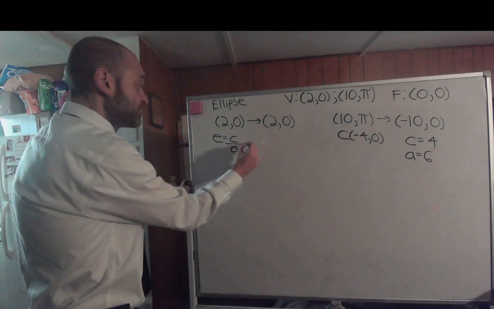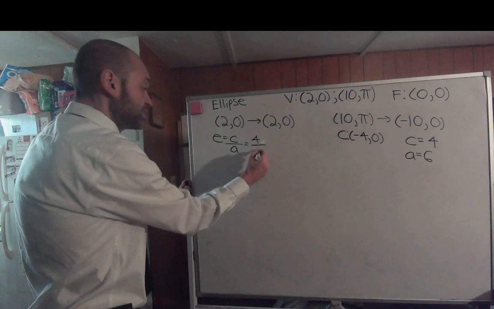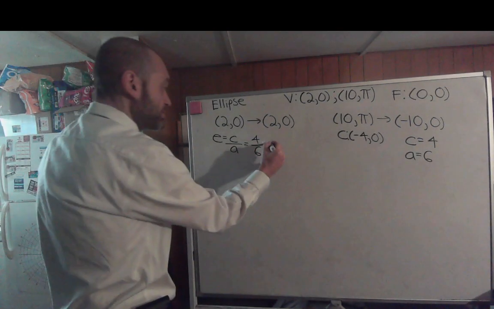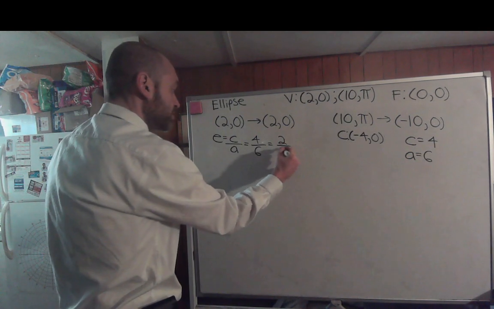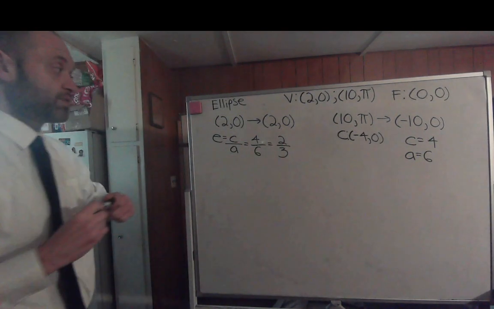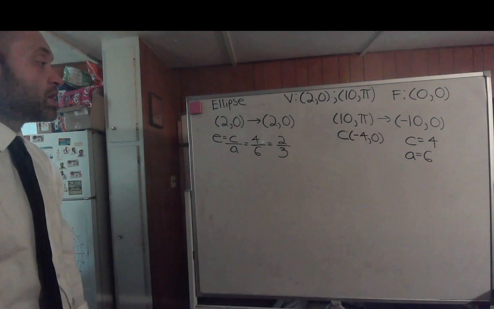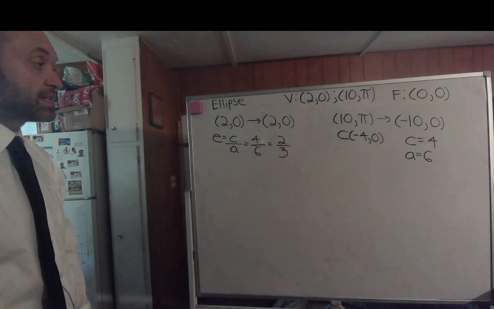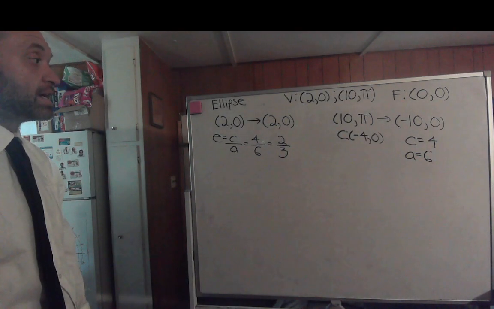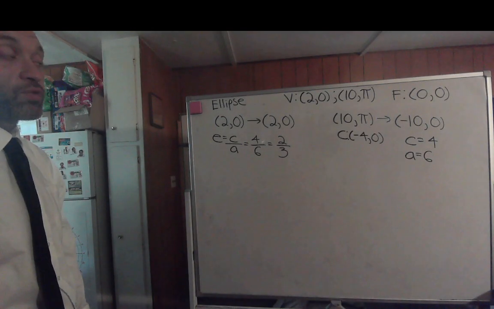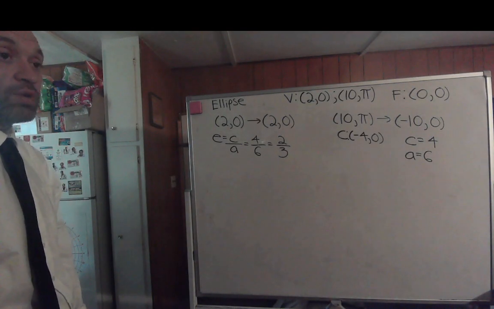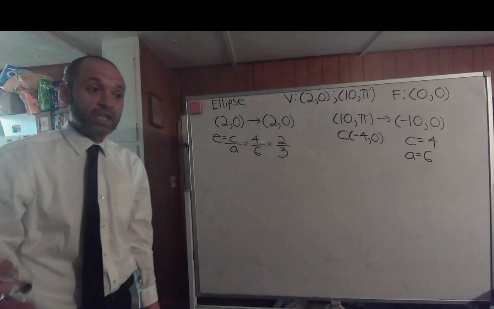Well, c is 4, a is 6, which we simplify as 2/3. You have an eccentricity of 2/3, which matches with that of an ellipse. Now, the next thing we've got to do is worry about finding the directrix. That's something we don't have yet, which polar equations rely on.